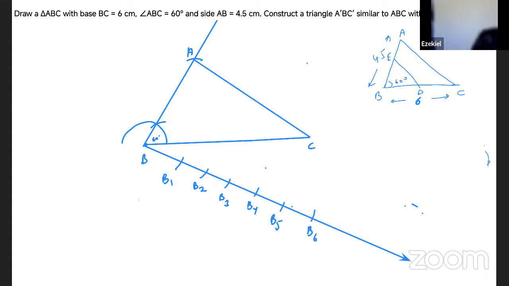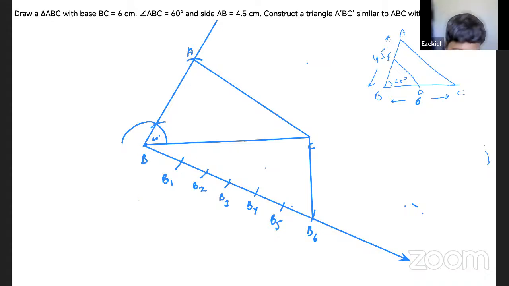Okay. Now join C and B6. Now when you join C and B6, put the tip of the compass on B6 and just draw the arc like this.